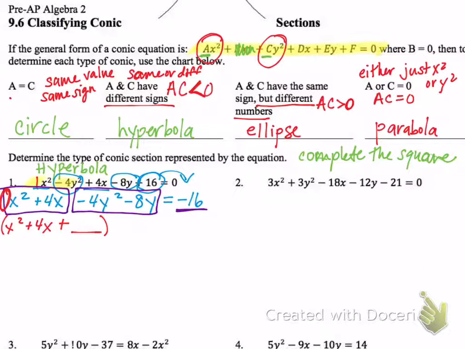Then I'm going to do it for the y's. And so what can I pull out of the y's? Since my a value is negative 4, I'm going to take out a negative 4. Then this becomes y squared plus 2y plus blank equals negative 16 plus blank plus blank.